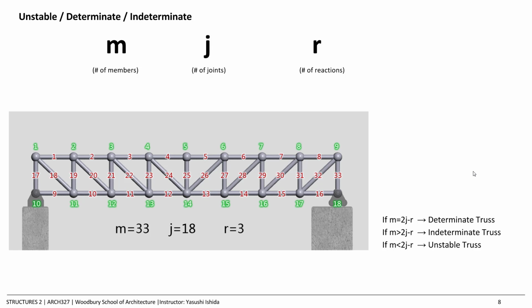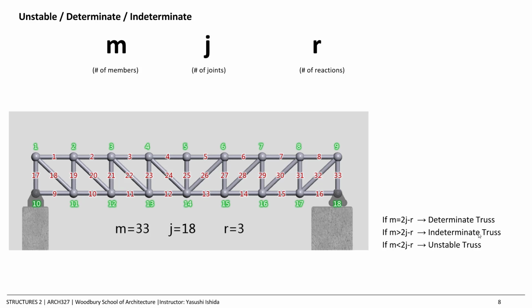There's a strict definition to that, which I'm not going to go into. Basically, a determinate structure is something where you can clearly get the answer using only statics. Whatever we're doing, we are able to provide an answer for the forces in each member only if the trusses are determinate.